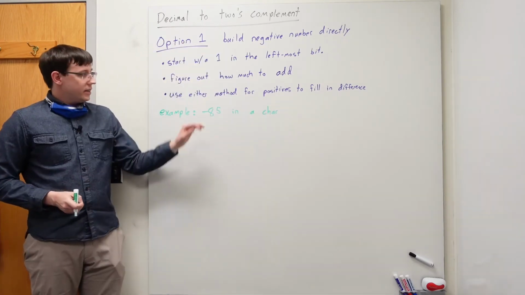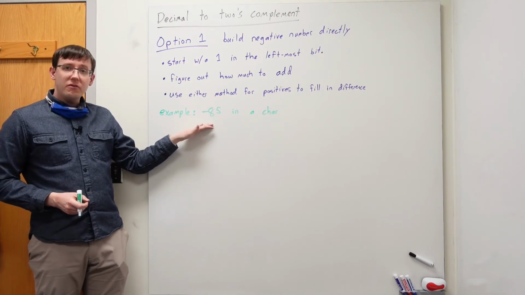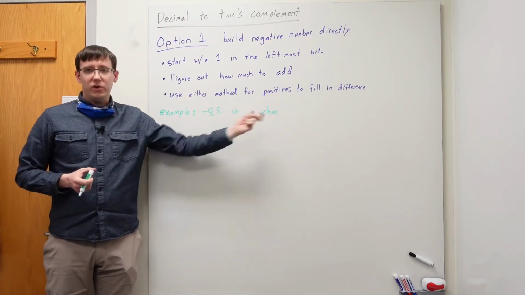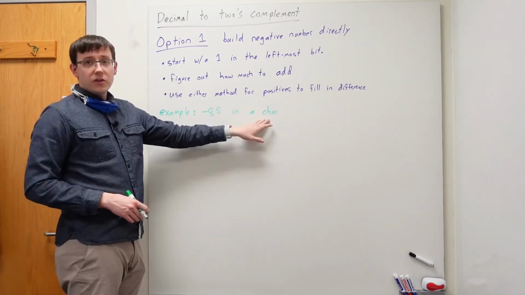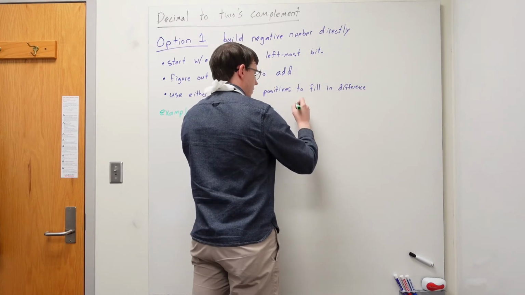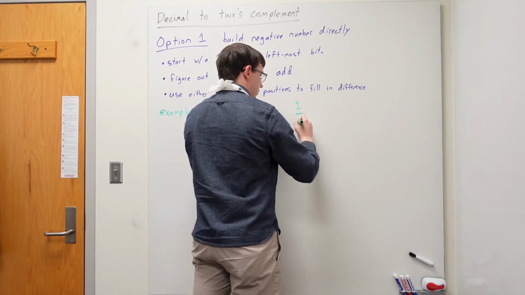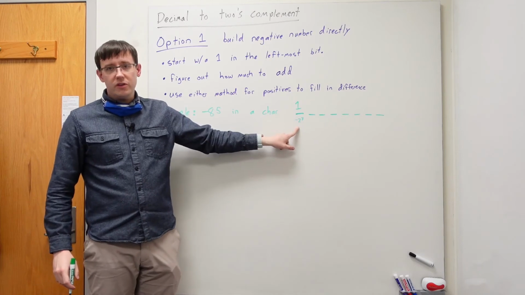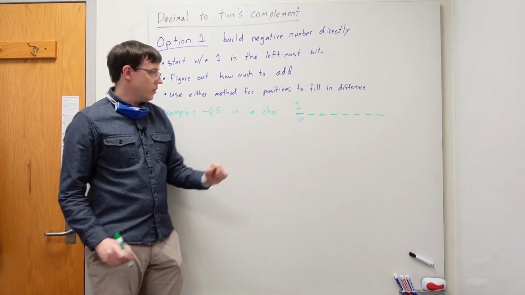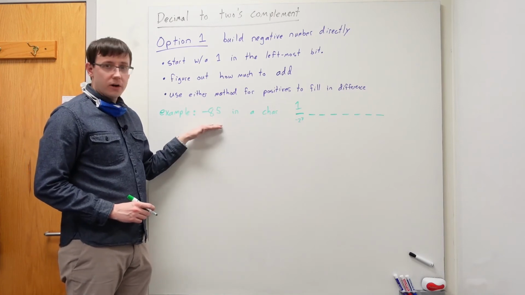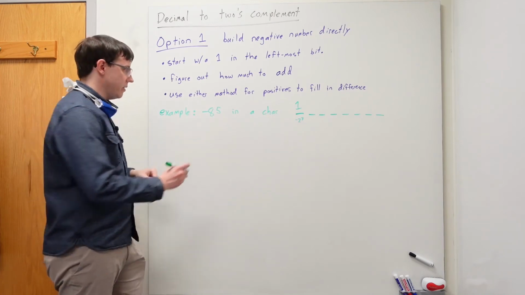As an example, let's figure out how to represent -85 using an 8-bit signed integer, known in C as a char. Since we're using an 8-bit number, we start by filling in -2 to the 7th. And so -2 to the 7th is -128. And so now we can take the difference between -128 and -85.